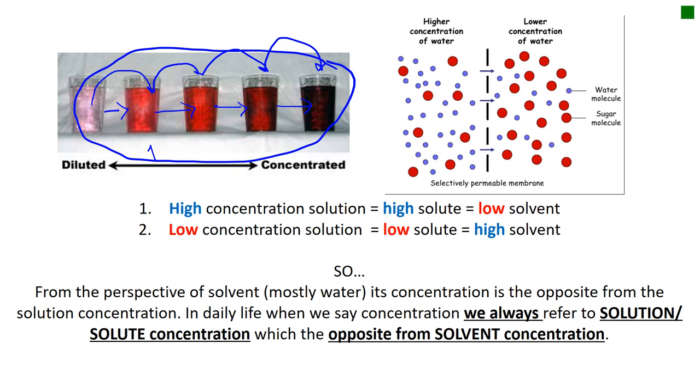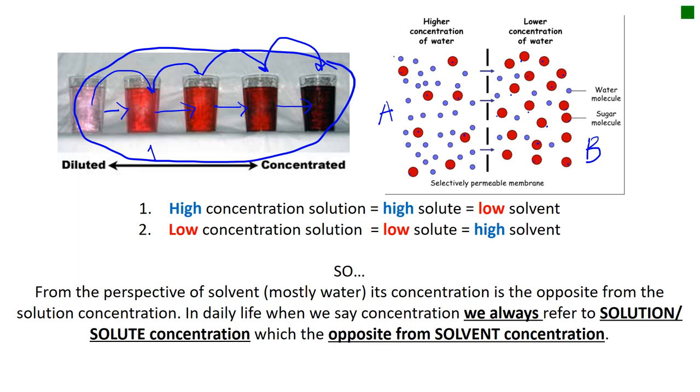Now, just imagine these red circles are the food coloring. A low concentration solution of food coloring has a small number of solute. Let's say this is A. Solution A has lower concentration because it has a lower amount of solute. In the other place, B, the solute can be found in higher number.